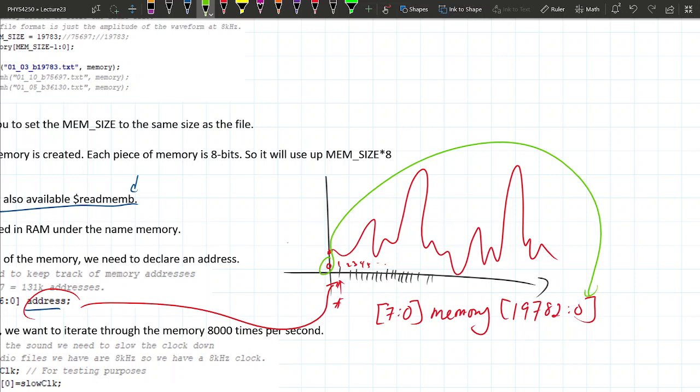This 1 corresponds to the next number, 2 corresponds to the next number, and so on until the end here. Let's say the end here is 19782, that's the last number here. The address corresponds to 1 point on your sound wave graph. So it's not a sine wave anymore, although there are superpositions of a bunch of sine waves.